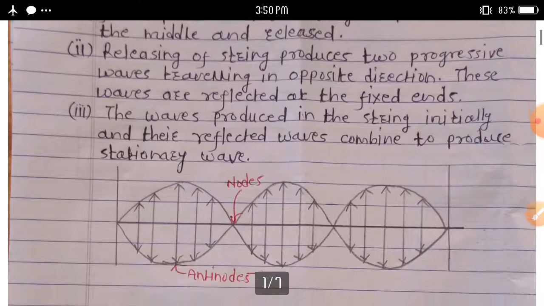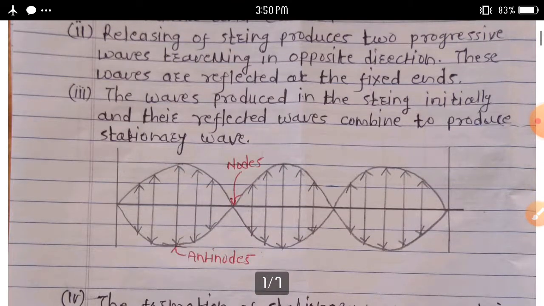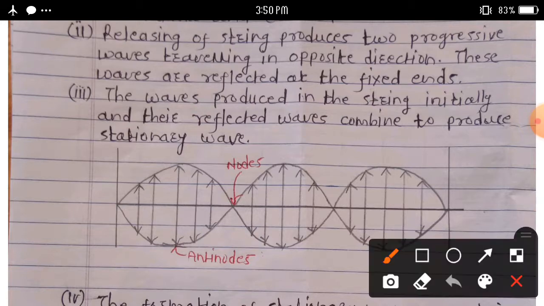See this diagram. This is a stationary wave. Here alternate nodes and antinodes. Here are nodes, antinodes and nodes.